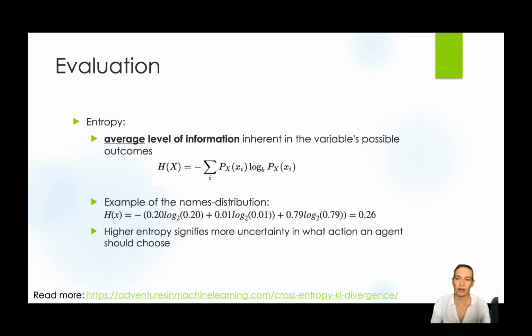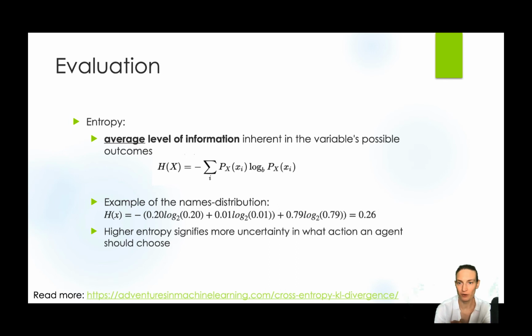Now, related to information, we have the concept of entropy. Entropy is the average level of information inherent in the variables' possible outcomes. Okay. So we just average it, basically. Okay. Let's take a look at the names distribution. We have, in the previous slide, I think the occurrence was 20%, 1%, and 79%.